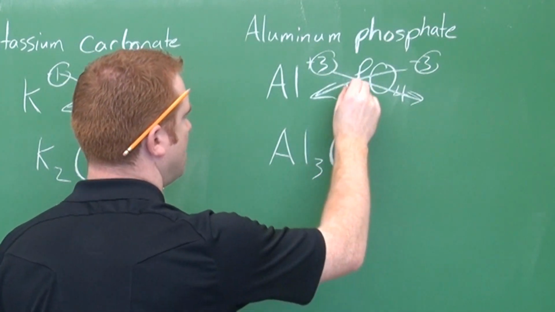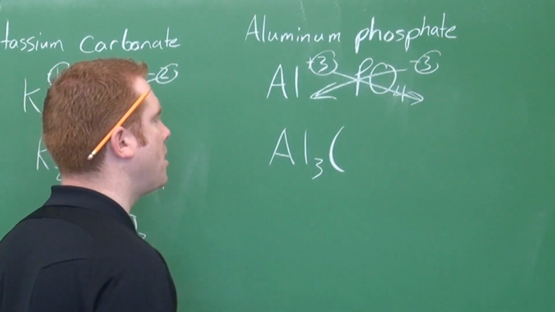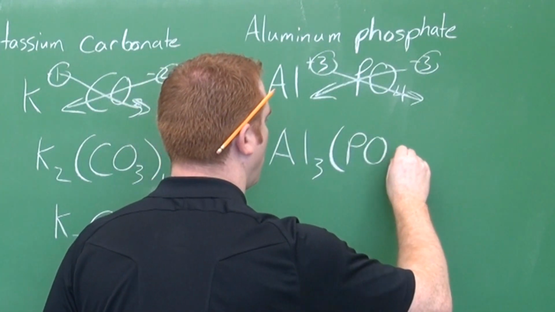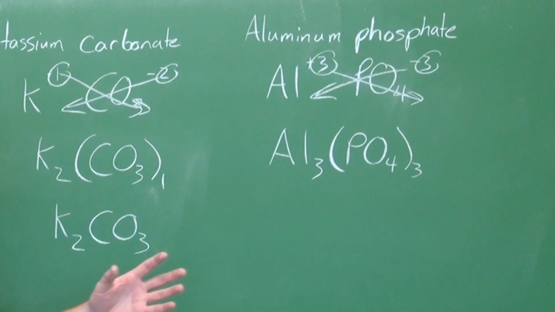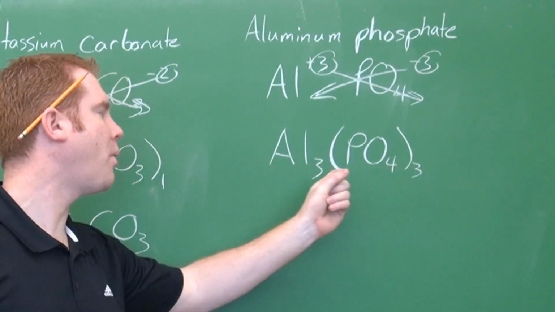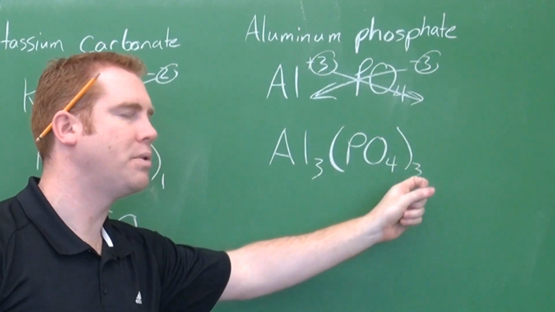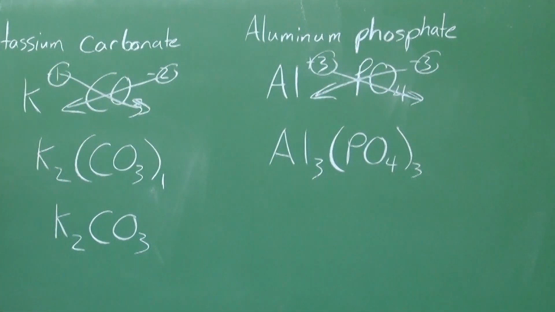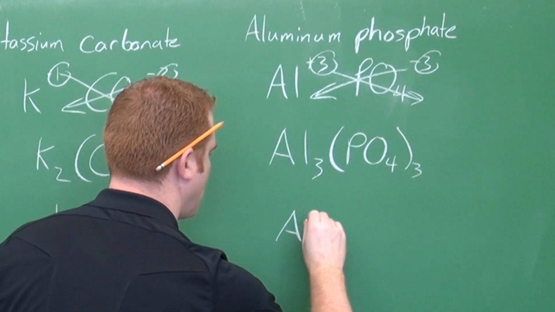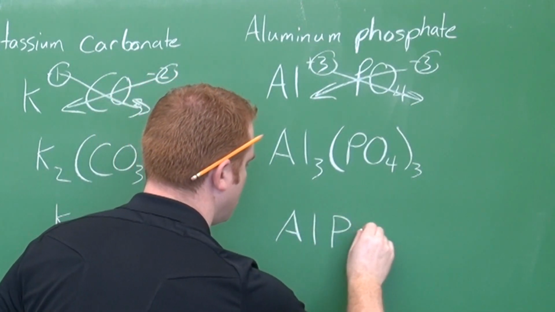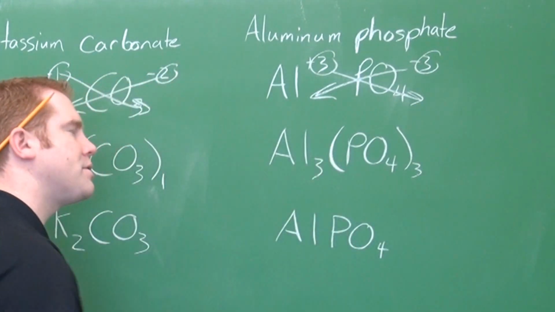Al3, bracket, because at any time there's a number other than a 1, I'm going to put in brackets. PO4, bracket 3. Now, if I look, just like before, I have 3 aluminums and 3 phosphates. What do I want to do here? Well, I need to reduce. 3 can come out of both of those. I'm going to get AlPO4. So we've got to still watch and reduce.